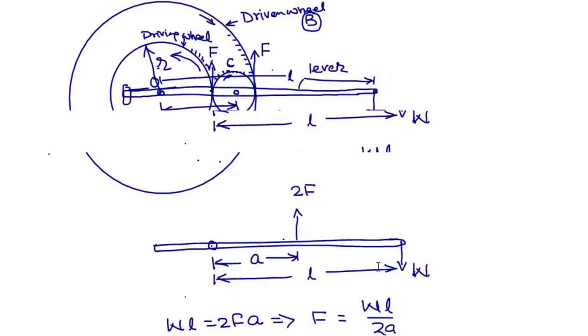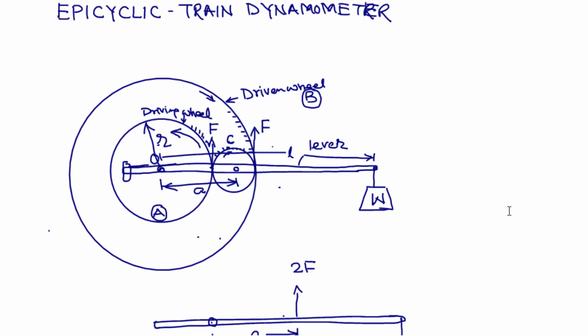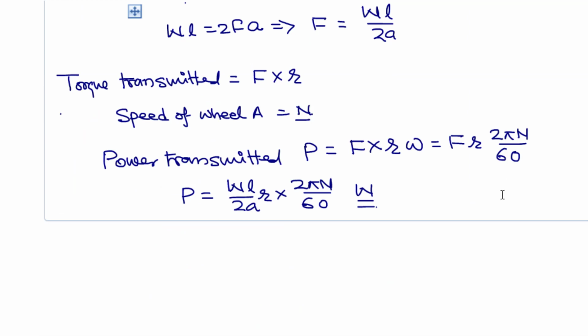Okay, so this is the epicycle train dynamometer, which means power is transmitted from wheel A to wheel B through this pinion, and this tangential force is measured by this W with the help of the lever.